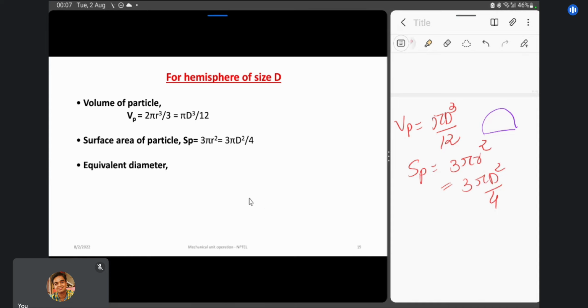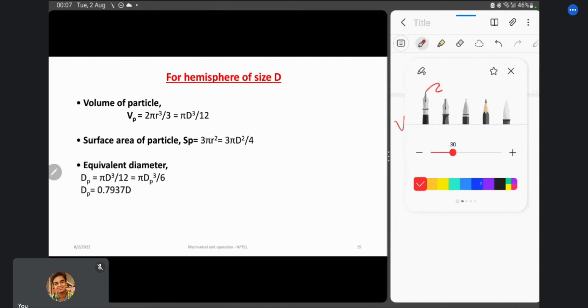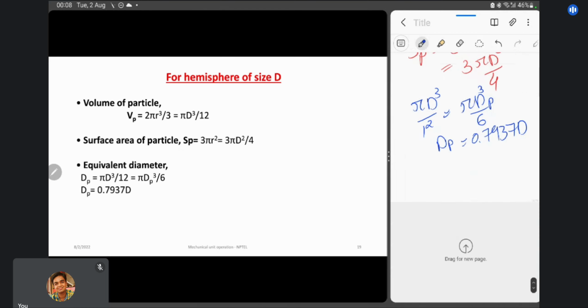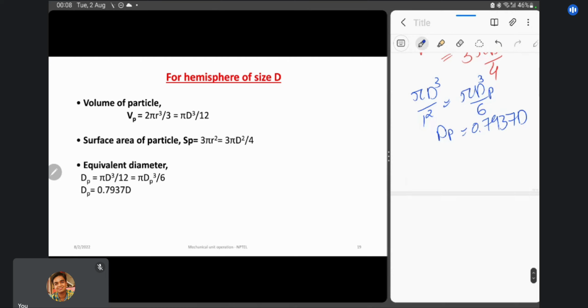Now equivalent diameter is a very easy thing. We need to just equate this with the diameter of a sphere, so pi dp cube by 6, and then you will get the value of dp in terms of d. So at the end everything is in terms of d.